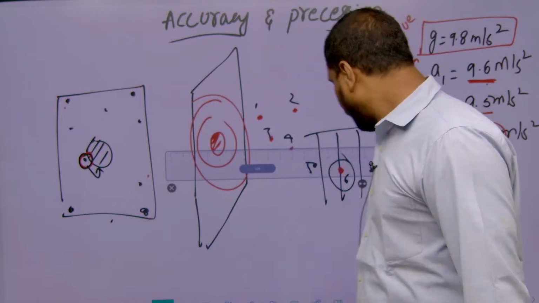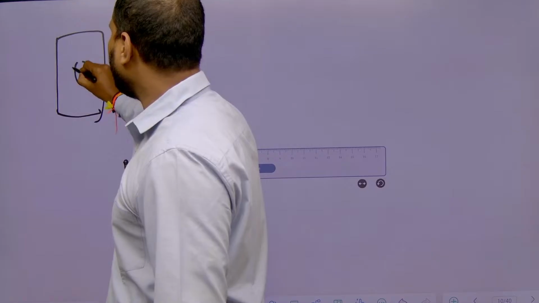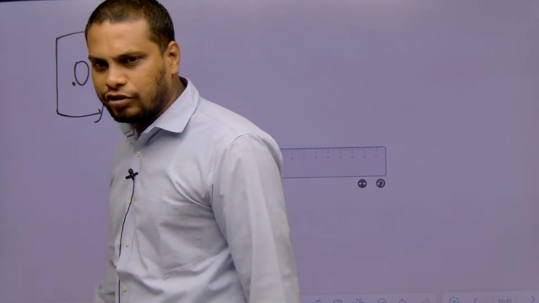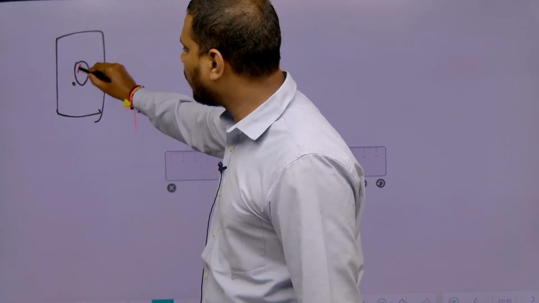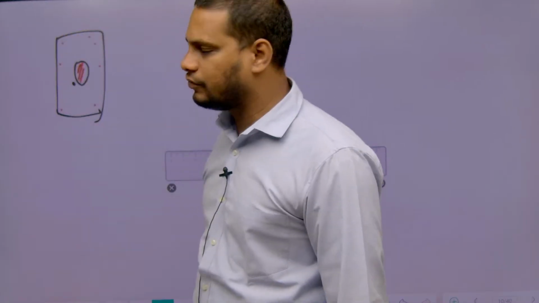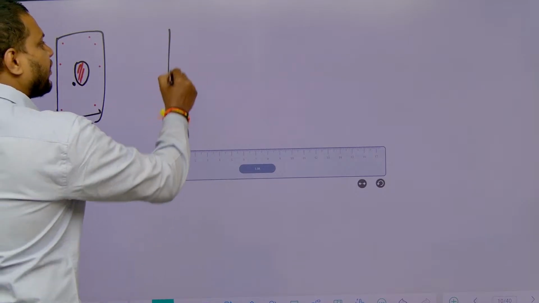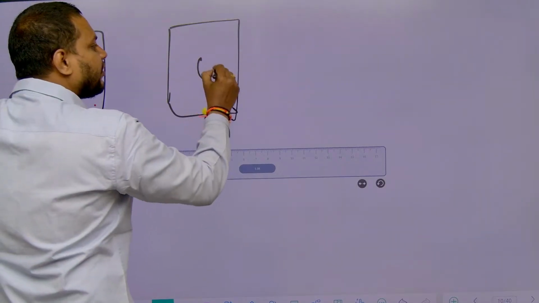Now if you take these three examples, the first example is the bullseye. Here, very close to the target, but different arrows are hitting different locations. More accuracy but less precision. Next one, suppose I take this as the bullseye.